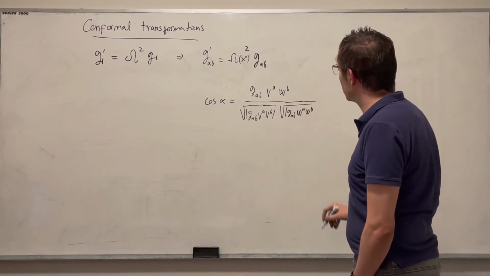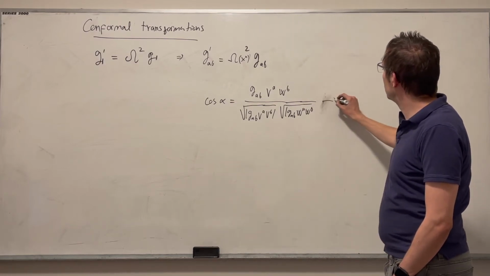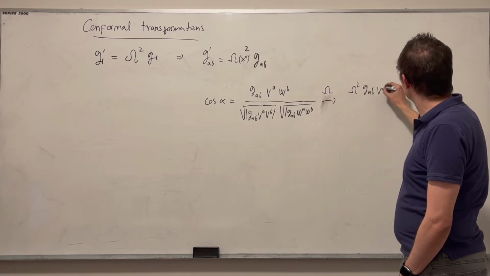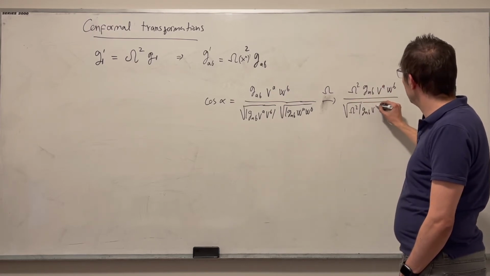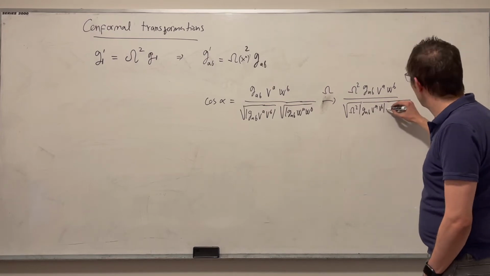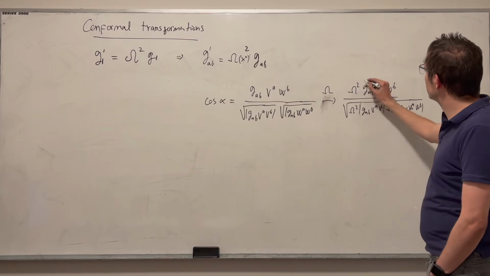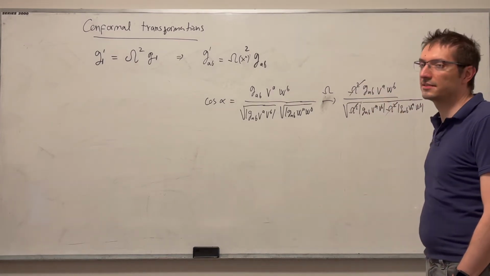If we do a conformal transformation omega, this becomes omega squared g_ab v^a w^b, and then we have the square root of omega squared g_ab v^a v^b, and then omega squared g_ab w^a w^b. And of course this cancels that. So the angle is the same.